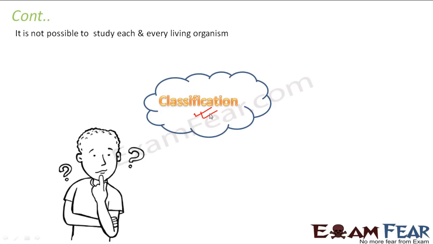So classification will make things easier. By classifying organisms into different groups, we really don't need to name each and every organism. We can give a name to a particular group, so that all organisms falling under that group can be referred by the same binomial name. So make sense? Okay.